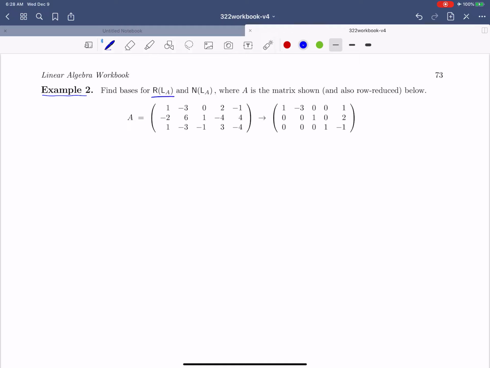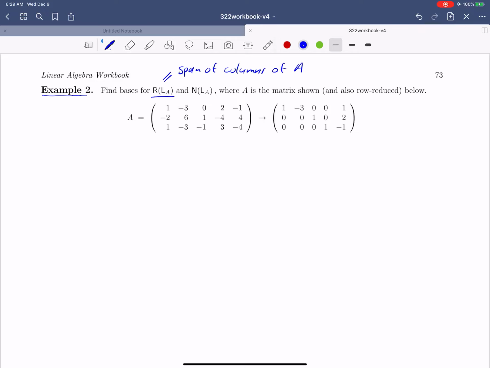What's going to be really useful to us here is to go back and remember the observation that we made in example 1. The range of L of A is just the span of the columns of the matrix A. We've already found bases for subspaces that have this form long ago in the course.